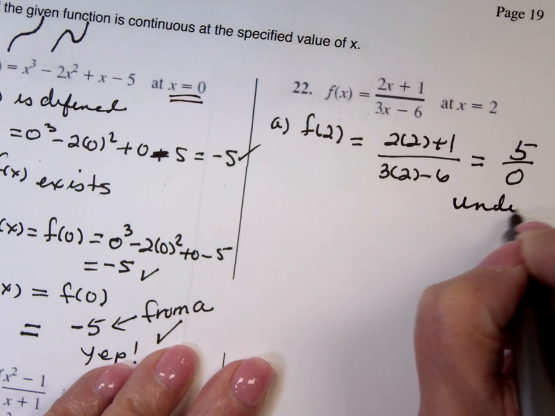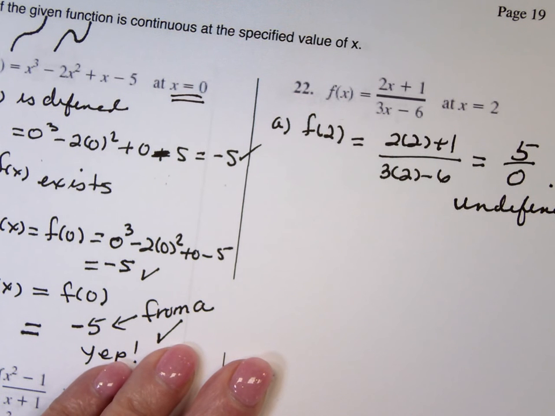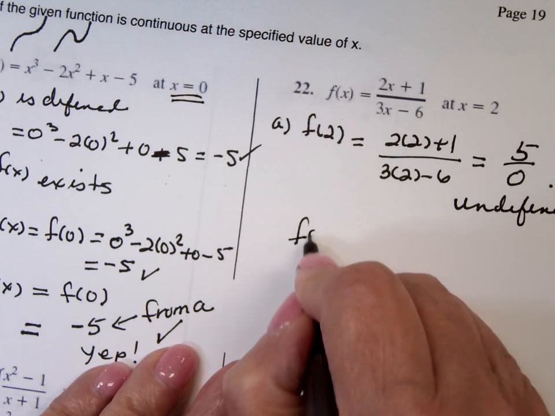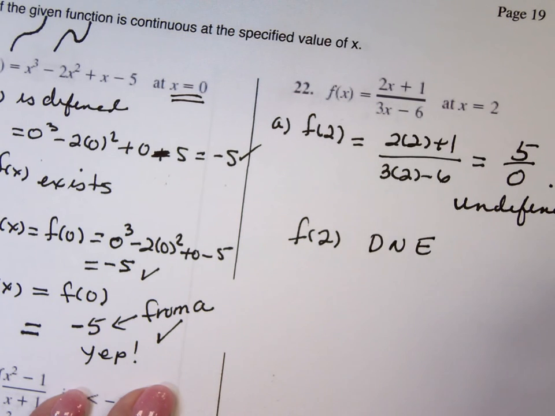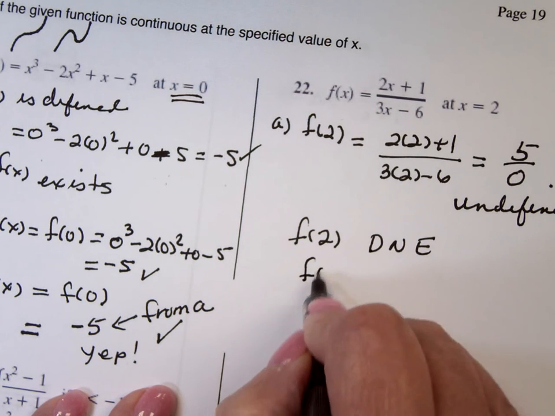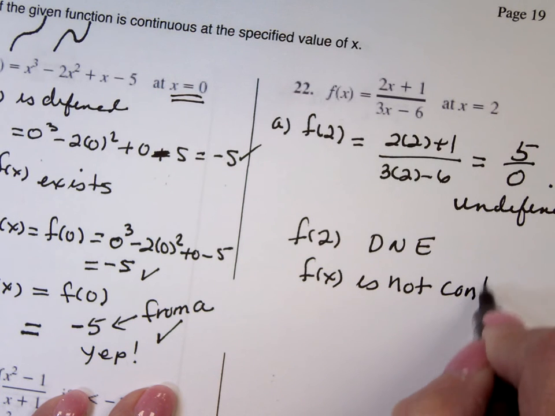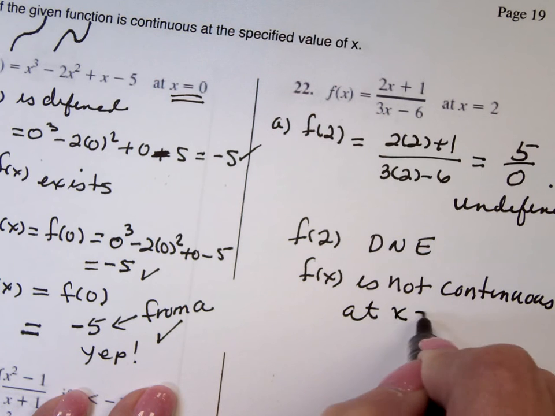Undefined. So does f of 2 exist? No. So that says f of x is not continuous at x equals 2.